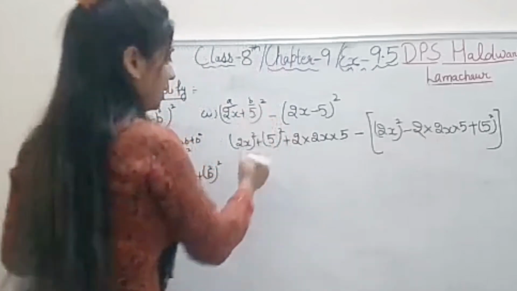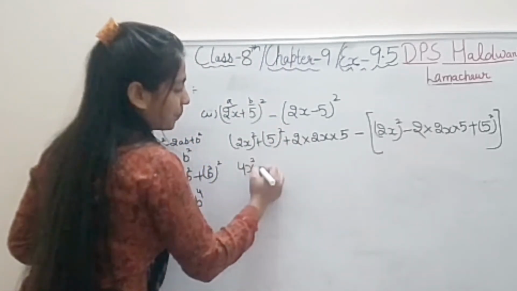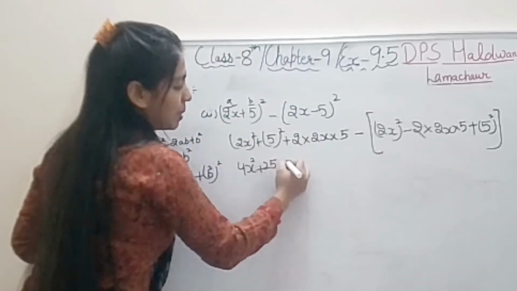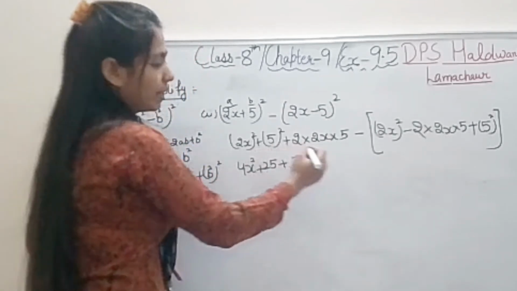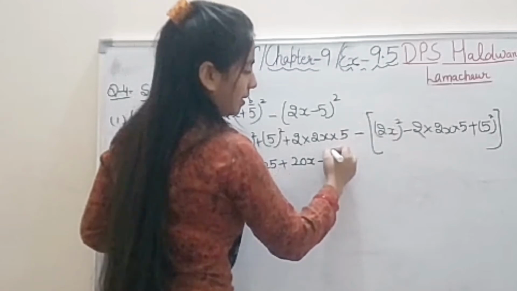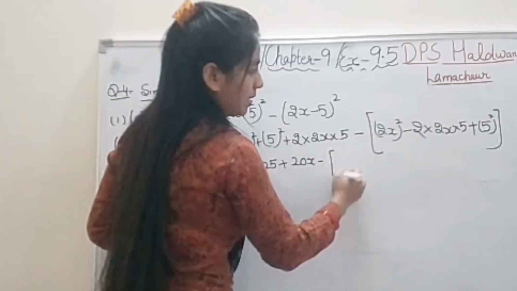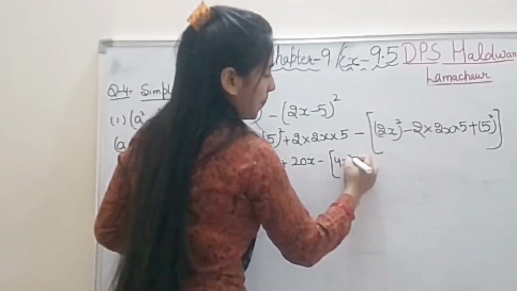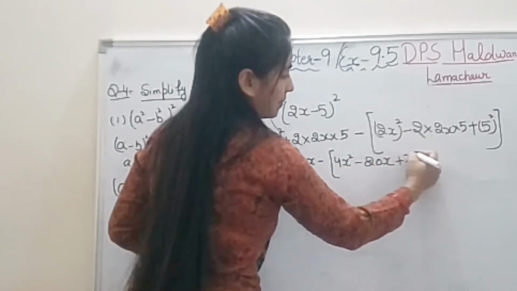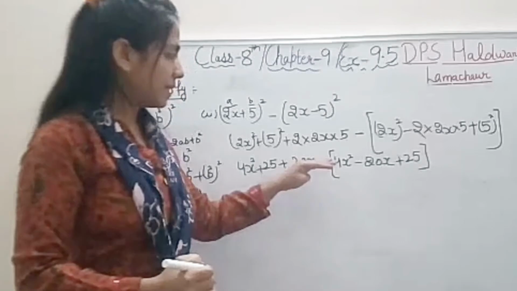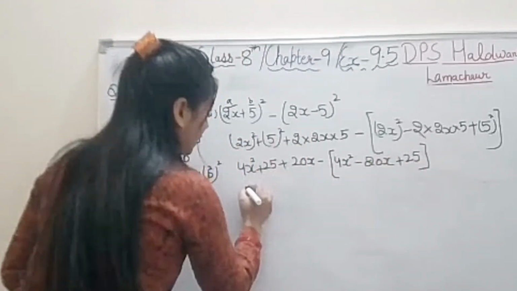Right, student? So see, 2 2s are 4x square plus 5 5s are 25 plus 5 2s are 10, 10 2s are 20x. Now minus 2 2s are 4x square minus 5 2s are 10, 20x plus 25. Now outside the bracket, open the bracket.